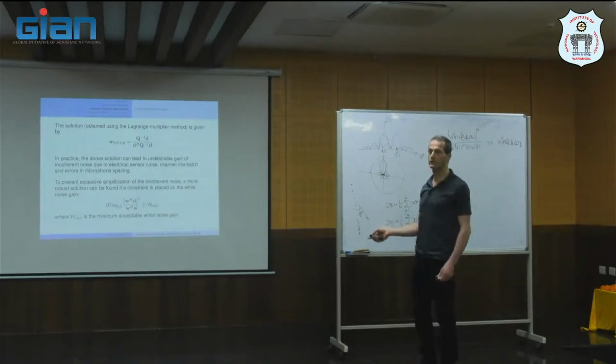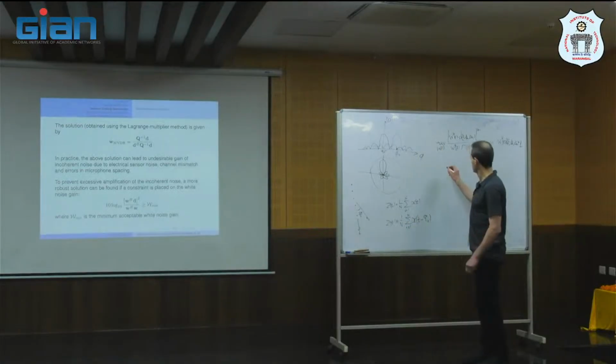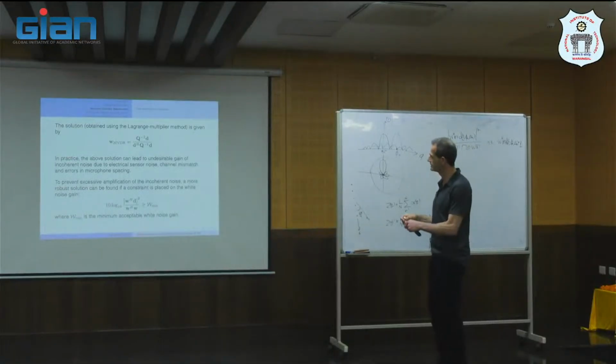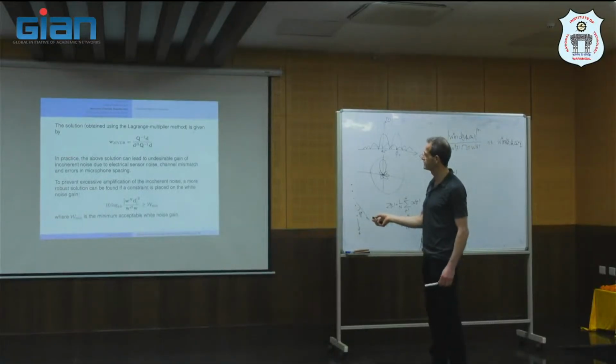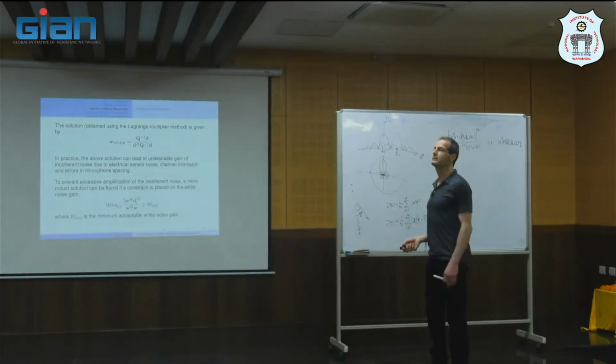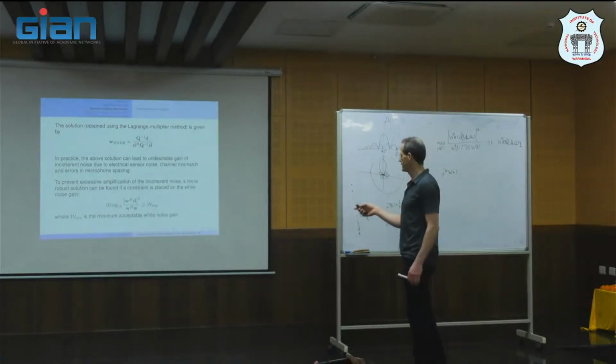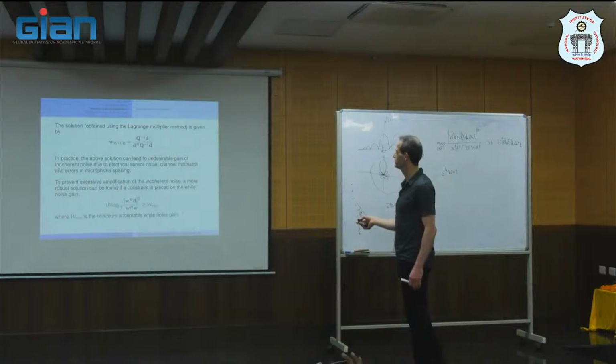D^H W equals 1. So this solution satisfies the constraint. But you also need to show that it minimizes. So don't just use it. Prove that you can obtain this expression for the MVDR.